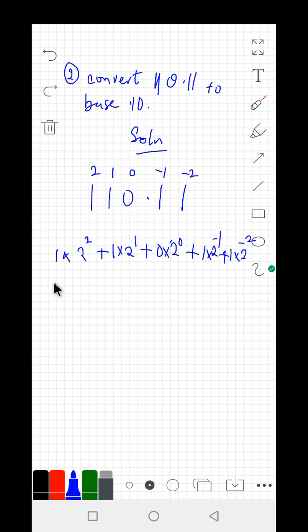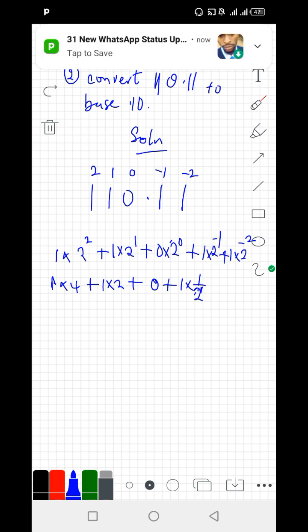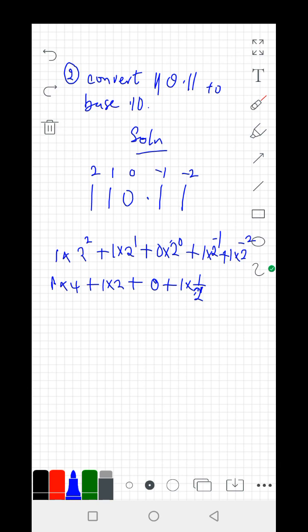Okay, this will be what? 1 times 4 plus 1 times 2 plus 0 plus 1 times, recall 2 raised to power -1 is 1 all over 2 raised to power 1 because of this here 1, and there's a negative power here. Same thing goes here, plus 1 times 1 because of the negative power all over 2 raised to power 2.